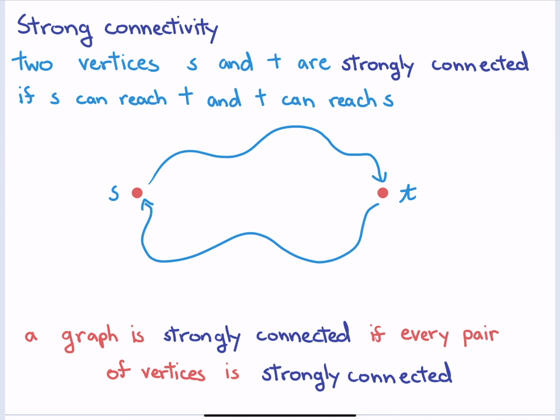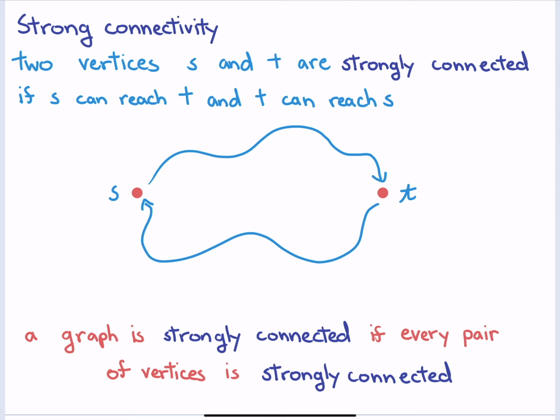Strongly connected just means you can go from A to B and from B to A; they're mutually reachable. That can't happen in a DAG because it would imply a cycle, but it can happen in a general graph. We say a graph is strongly connected if every pair is strongly connected, so I can go from any point A to any point B and vice versa.